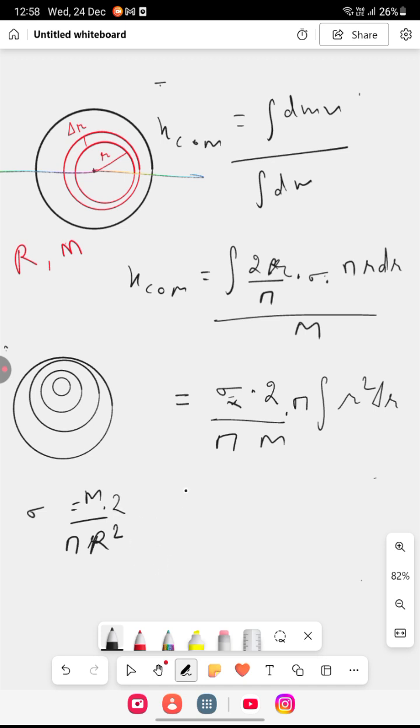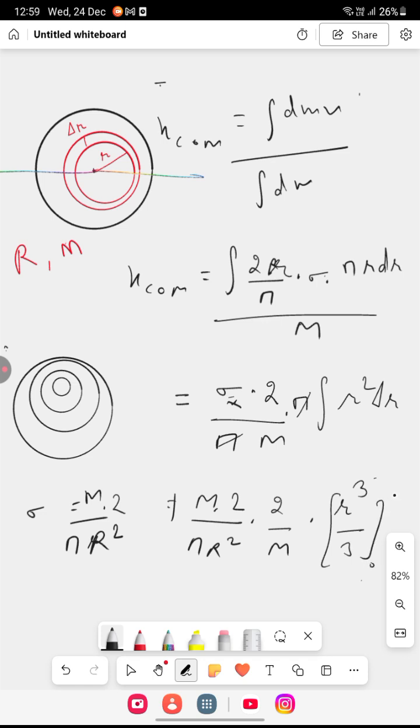Putting the value, M times 2 upon pi r square, this pi to pi cancel, 2 upon M, and the integral will result in r cube by 3. We are going from 0 to radius R, M to M cancel.